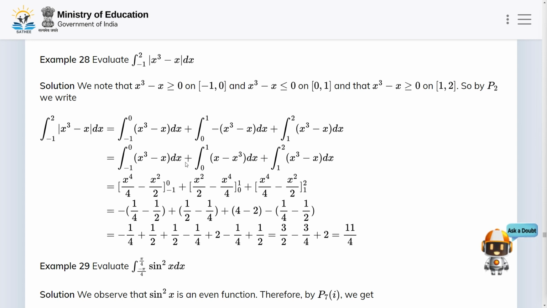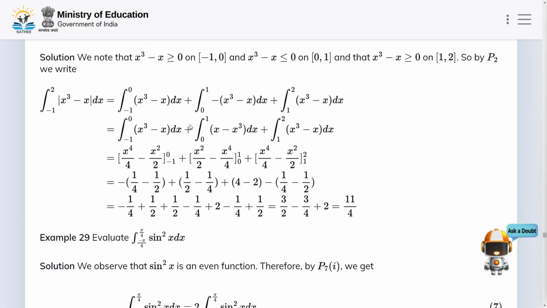As we know, in the first interval this will be positive, so you wrote this. In the interval 0 to 1 this will be negative, and negative means a minus sign will be there. It is positive in the closed interval 1 to 2, so no sign change. Okay, clear. Now this minus we multiplied inside, and you will get x minus x cube, as you can see.